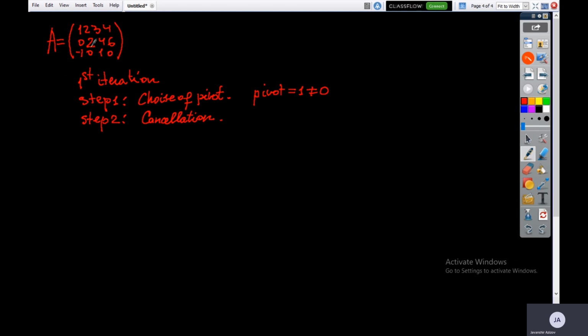To the third row, we apply this elementary operation: instead of L3, we write L3 plus L1. Then our new matrix will be this one: 1, 2, 3, 4, 0, 2, 4, 6, 0, 2, 4, 4. We move to step 3.